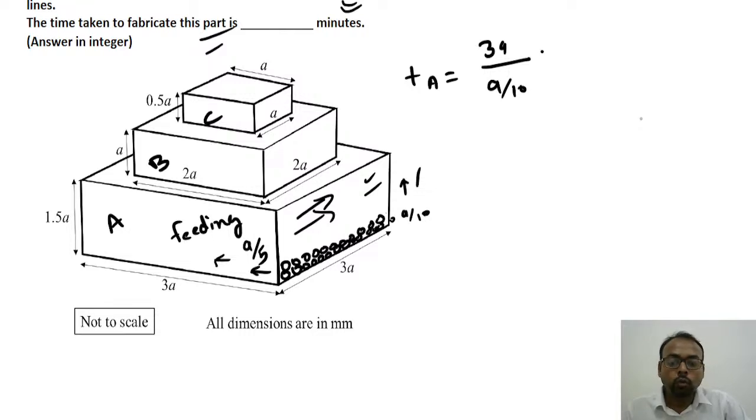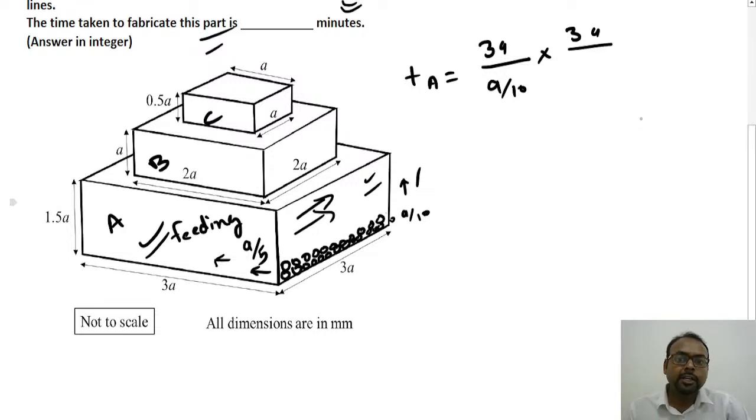And then what we will do? Then multiply again by this side distance. This side distance is 3a, and this side distance is covered by A by 5 distance in each step. Now the next upward distance, the height, will be covered. Height is given by 1.5a divided by A by 10, right?